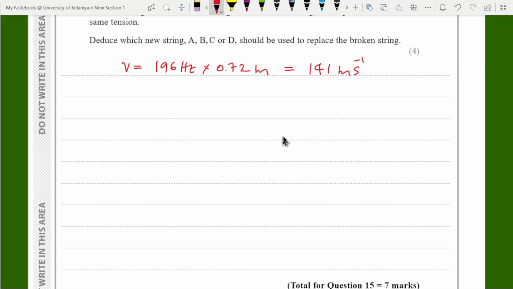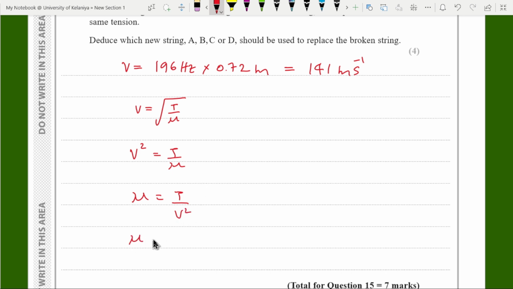Then to calculate mu, what should we do? v equals square root of T over mu. Then you have to square v, then v squared is equal to T over mu. So if you make mu the subject, mu is equal to T over v squared.